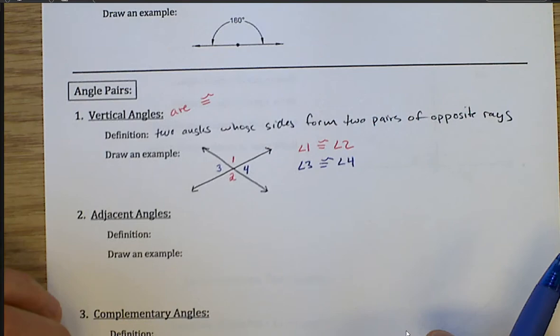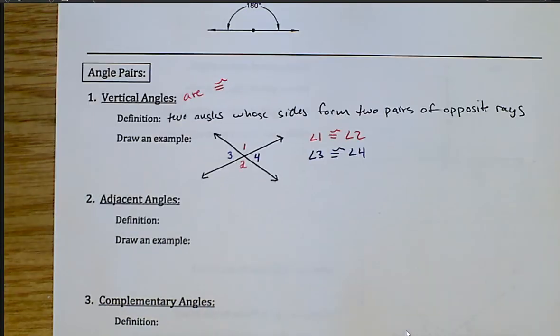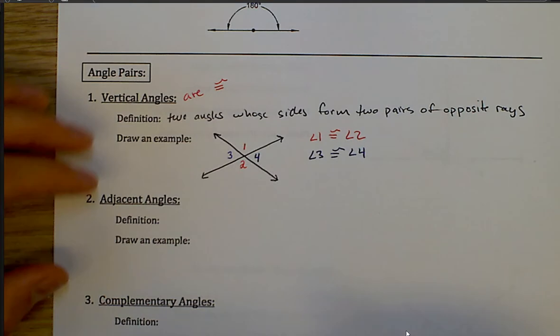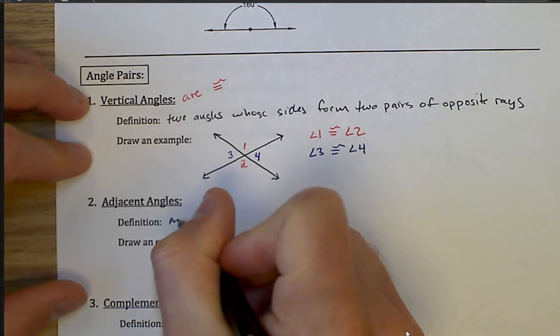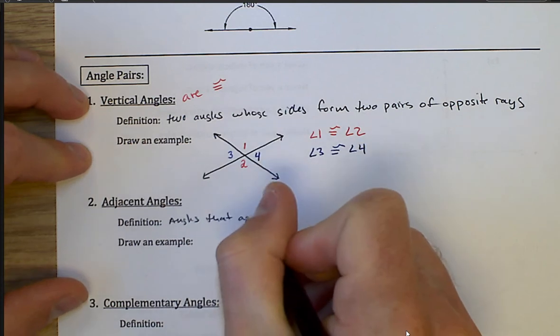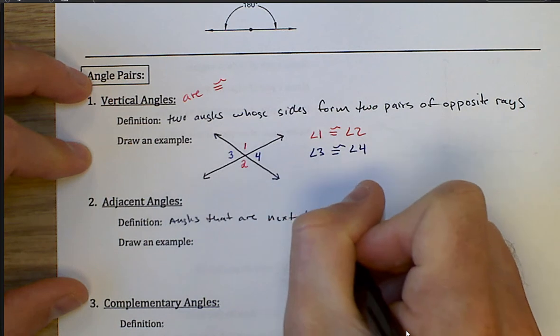The next definition is adjacent angles, and basically adjacent angles just means angles that are kind of next to each other. All right? There's a big definition for this. But I'm just going to put angles that are next to each other.